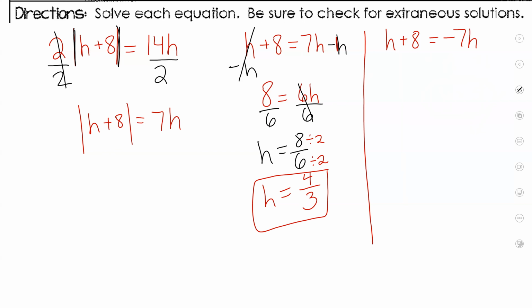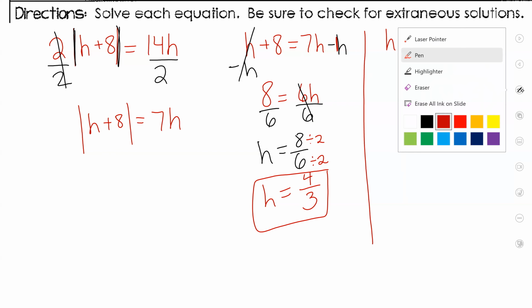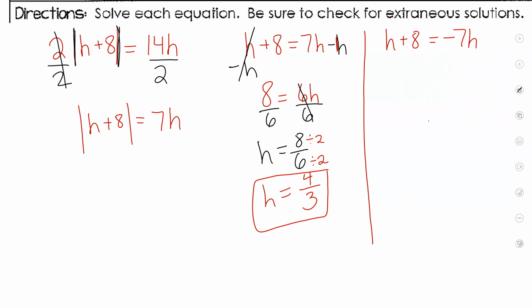And then we're going to solve the second one. Okay. I want my h's together. We want to combine like terms. So I'm going to subtract h over here, subtract h over here. So guys, what is -7 minus 1? Yes, -8. So this becomes -8h.